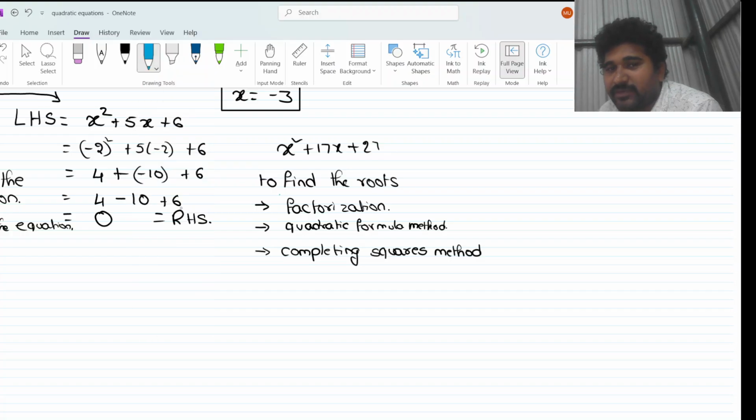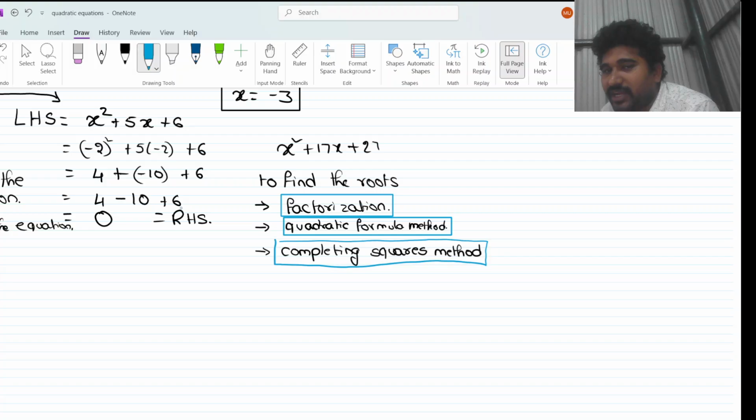What is the first method? Factorization or splitting the middle term method. Second method, quadratic formula method. Third one is the completing squares method.